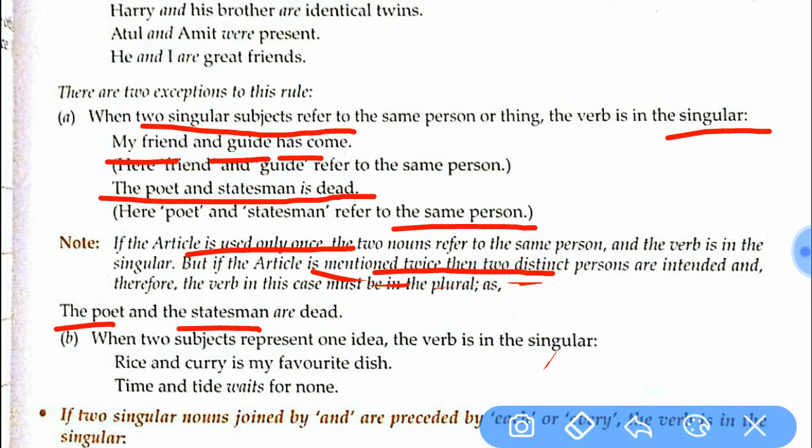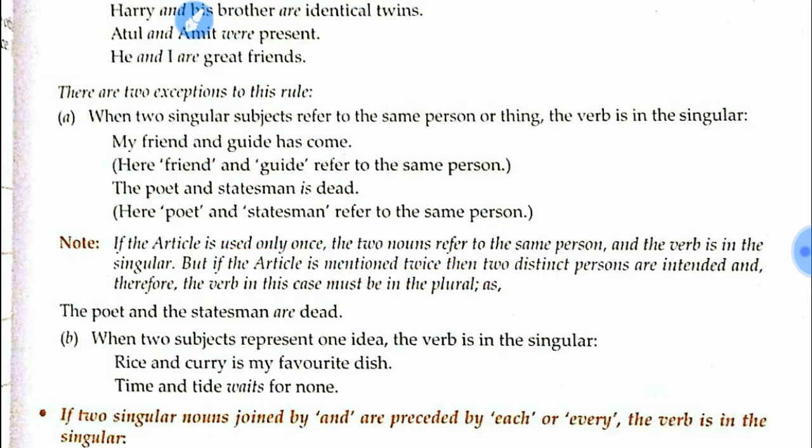So here we have the article repeated, the poet, the statesman. That means two different persons. So it is are, not is. Therefore when two nouns or pronouns joined with and refer to two different persons, then we use the plural form.